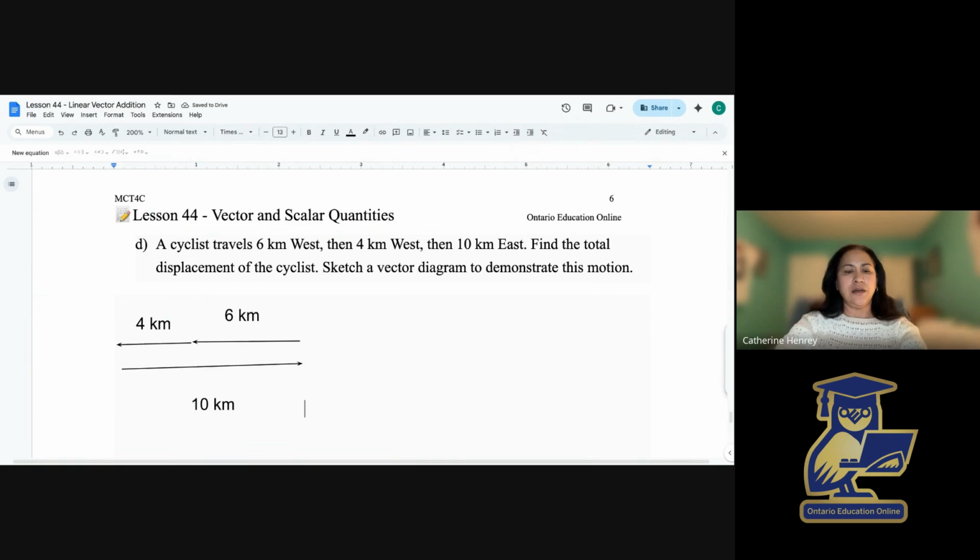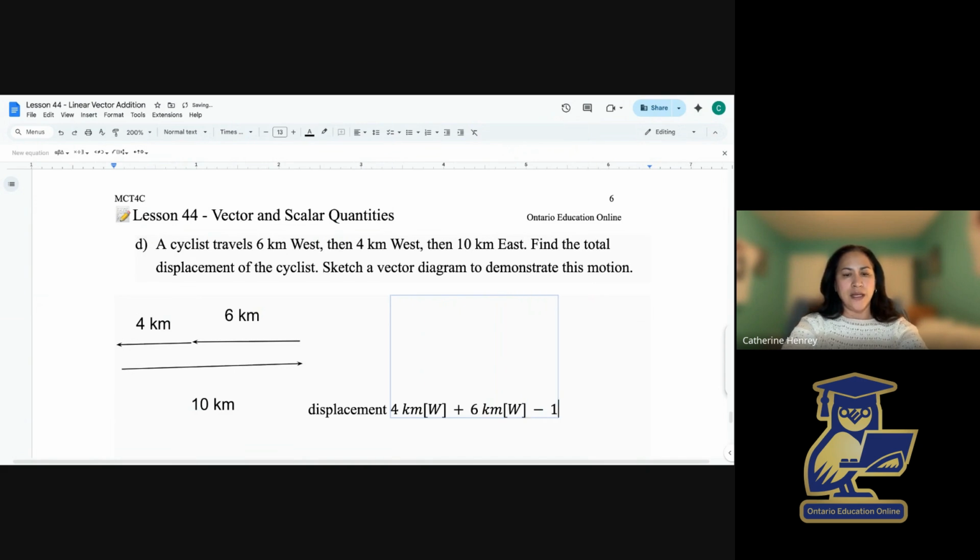And now we'll actually put it together as an equation. The displacement is going to be, I'm using a new equation, we're going to have 4 kilometers west plus 6 kilometers west.